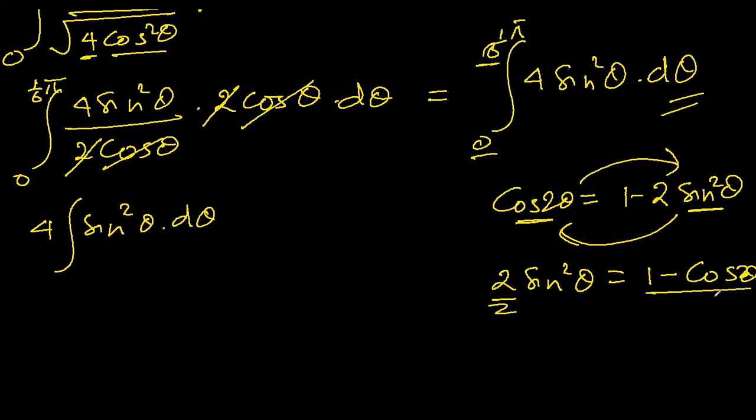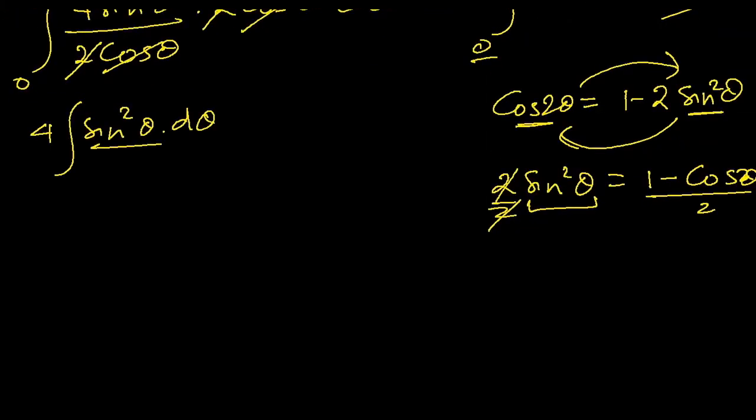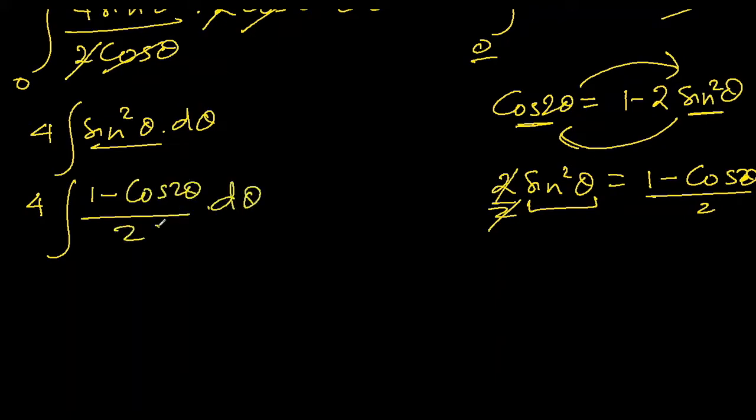Both sides divided by 2. So sine square theta is 1 minus cos 2 theta over 2, and we will substitute: 4, and then we have here 1 minus cos 2 theta over 2 d theta. This 2 and this 4 will cancel, and we have a simple integration now.